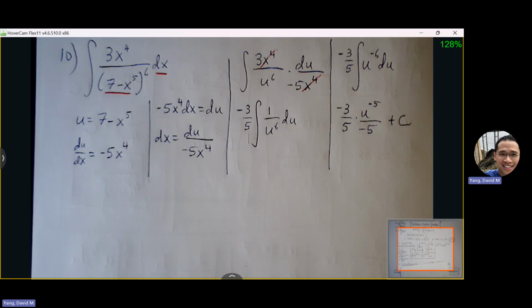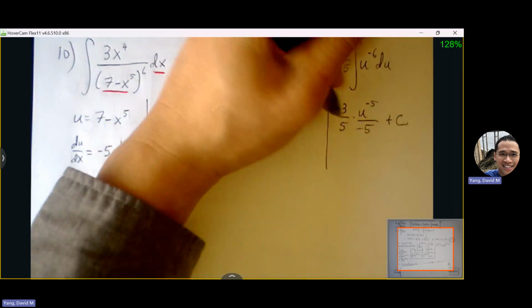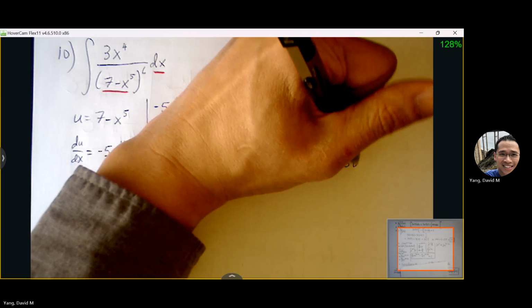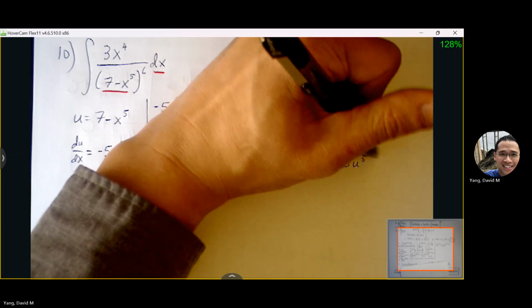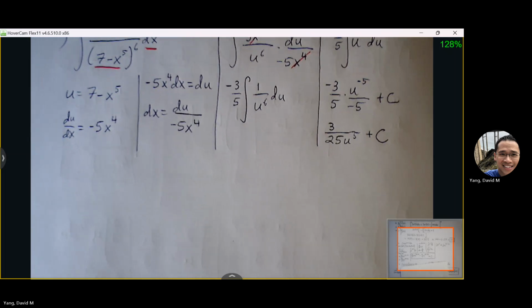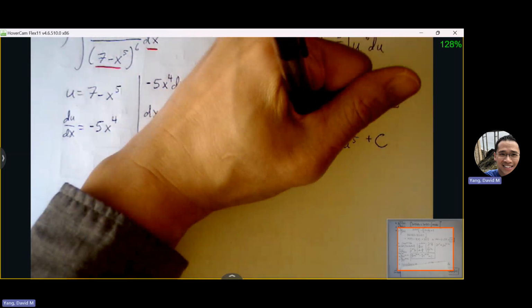Okay, multiply, clean up, and then bring the u back down. Bring back your original variable.